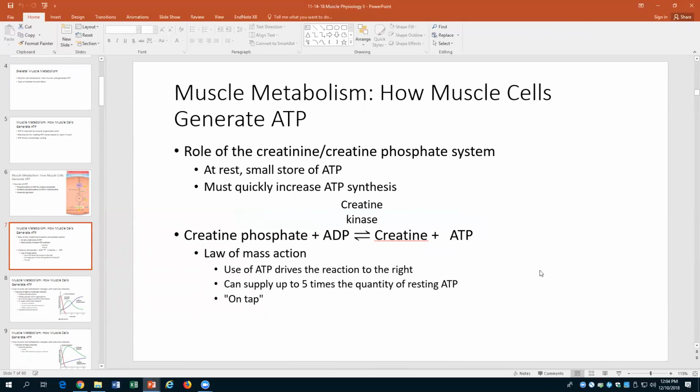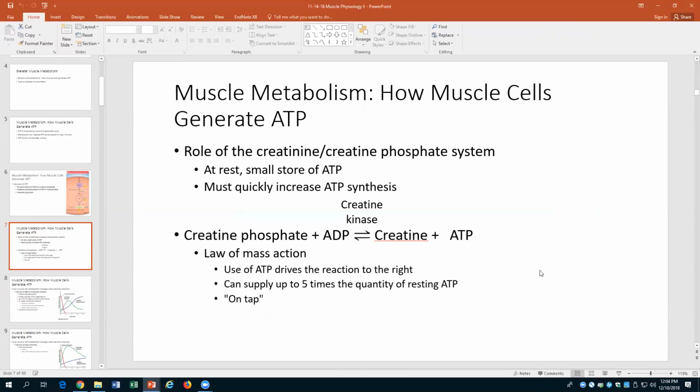Basically we talked about the 3 sources of ATP for muscle contraction. We said that the first one, the most transient source, was from creatine phosphate, right? Creatine phosphate was a storage place for that phosphate group, okay?